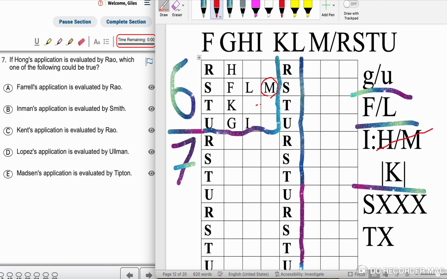Wait, no. S needs to have more items than T. So let's see if we can do something with G. G has to be with U. To be honest, let's not move M around. Let's go ahead.